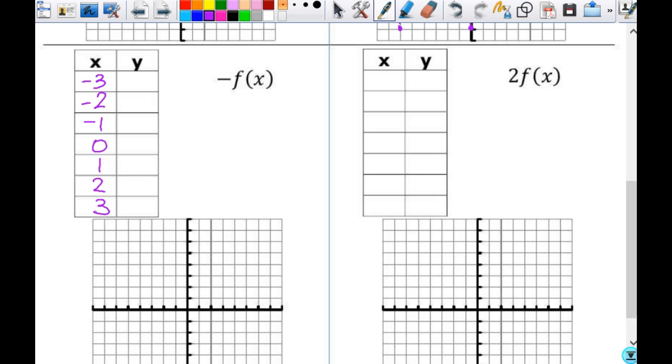Yes, you're just changing the sign, but what it actually represents is multiplying by a negative 1. So when you do that, what happens to the graph? What is the transformation? Reflection in the x-axis. So it's the reflection across the x-axis.